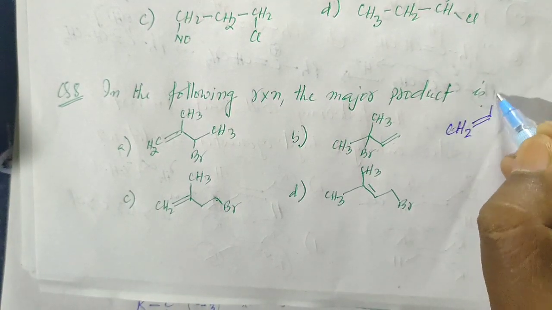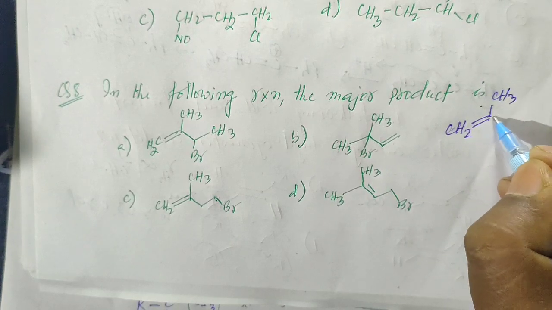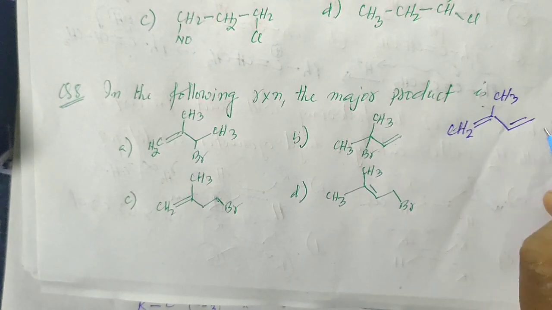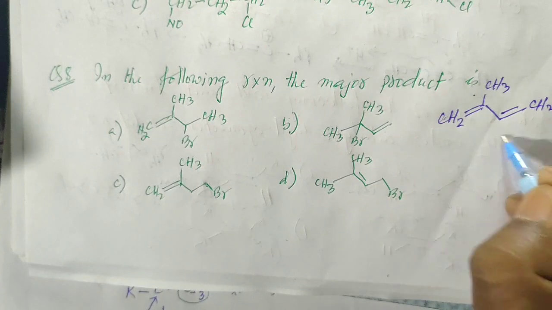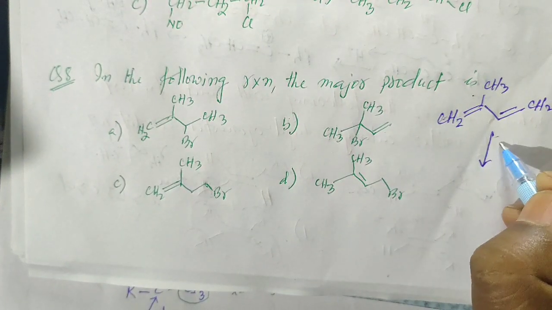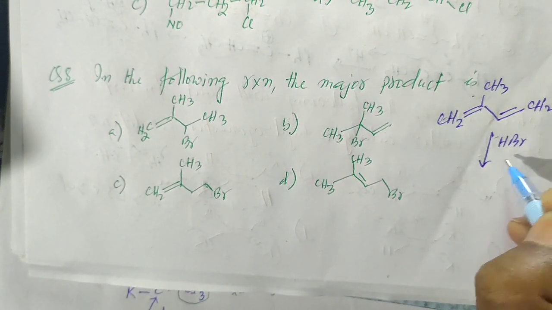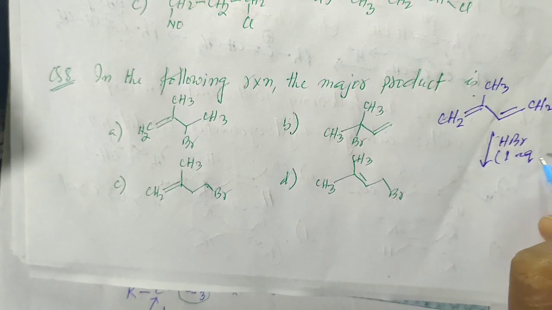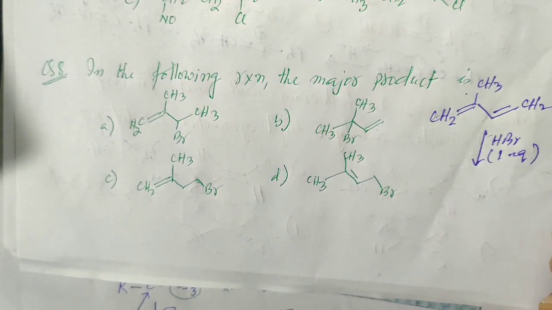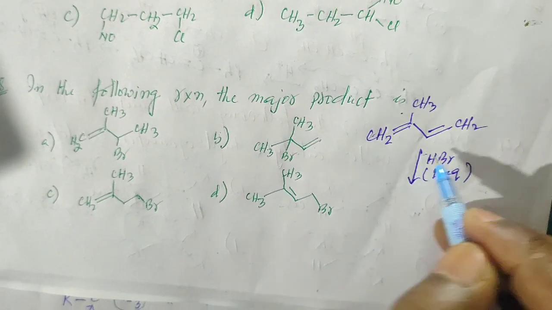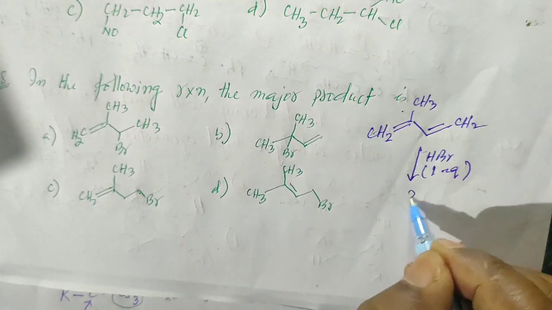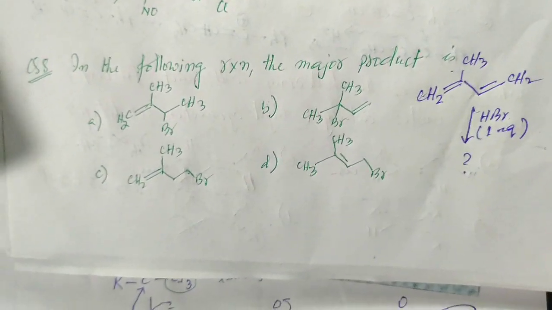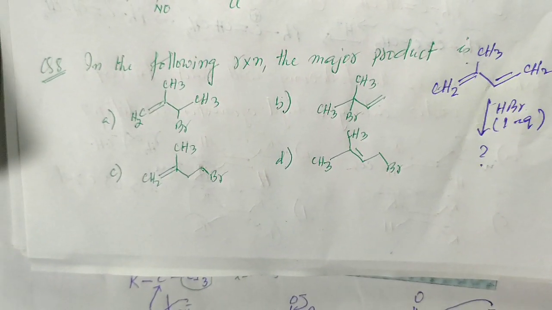CH2 double bond CH3 double bond, this is CH2. Okay, this is added one equivalent of HBr. When this alkene is reacted with one equivalent of HBr, what will be the major product? This is the question.